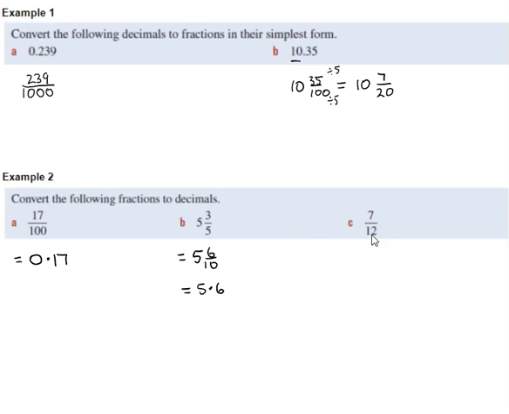And finally, 7 over 12. Well, it's not a 5, it's not a 10, it's not a 2, it's not any of those other ones that we really know what the decimal is going to be, so we're going to have to do this the long way and divide it.